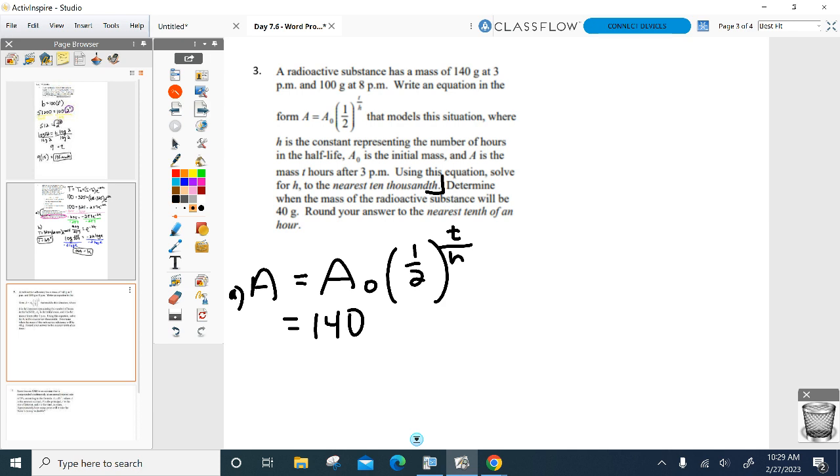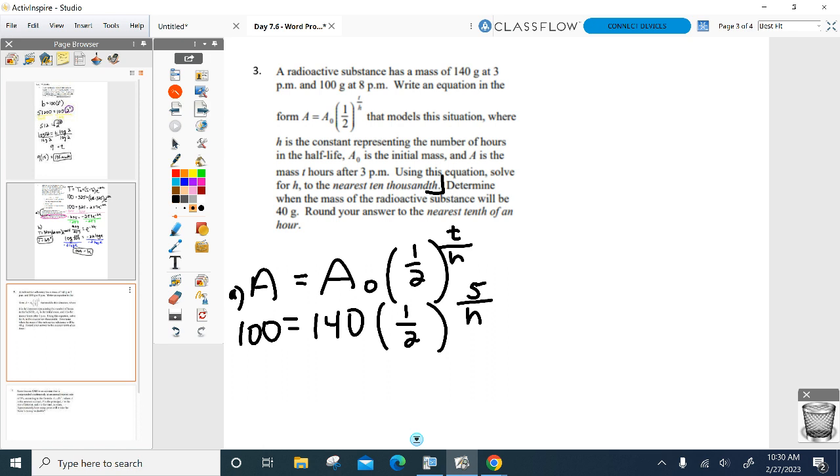What do we want it to be? 100, right? 1/2. Now here's where you got to be careful. We are solving for h, so h will stay h. What about the t though? 5. Why 5? 3 p.m. to 8 p.m. That's t hours. That's 5 hours. Yep. So t is going to be 5 hours after.